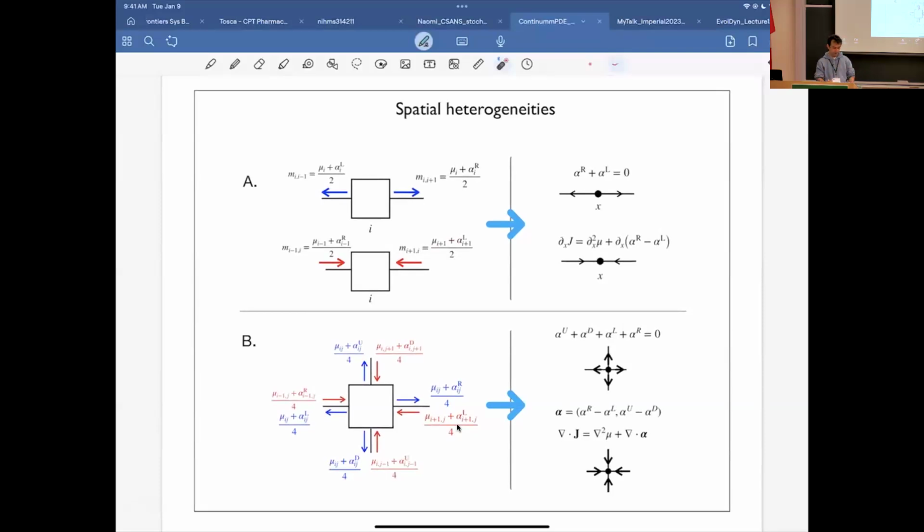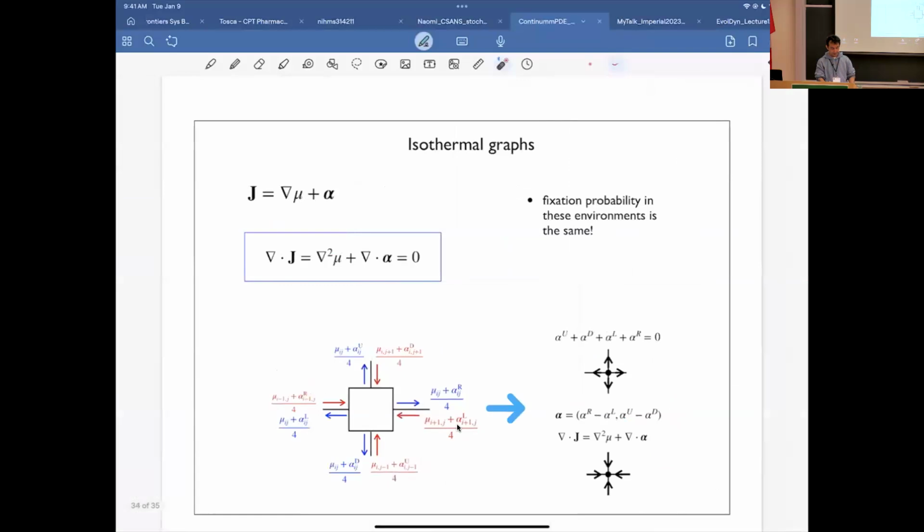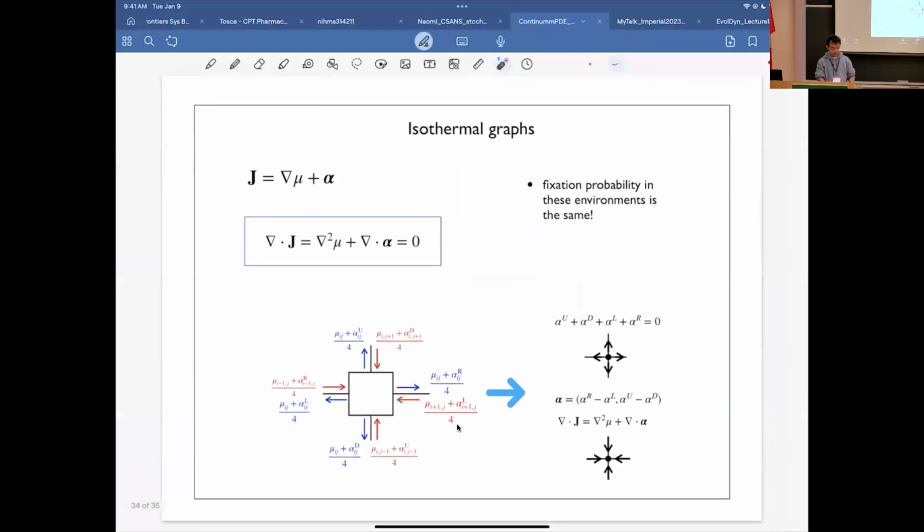It's actually very messy looking, but you can look at one specific case, isothermal graphs. This is not exactly what our PDE is, but it tells you that you can define an overall migration vector, the vector of your biases, which in two dimensions is a two-dimensional vector, and also mu, the scalar potential that tells you my migration potential locally.